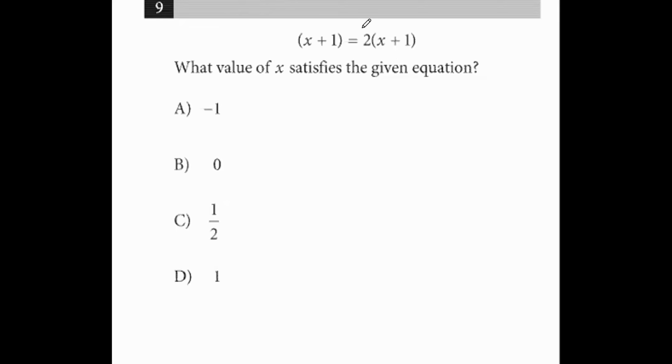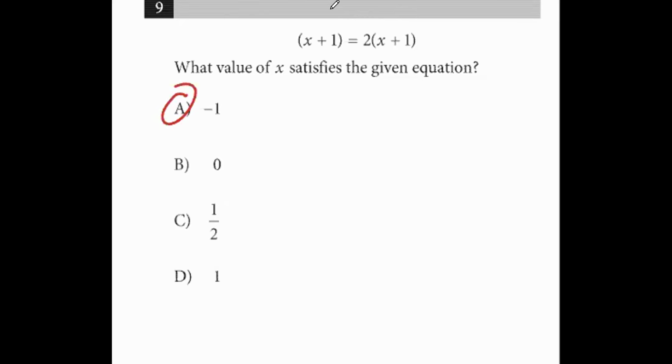So that means left side and right side has to be equal. So we can just plug in all these answers, and whichever one works is the only one that could work. So -1 plus 1 is 0 equals 2 times (-1 plus 1), which is 2 times 0, which is 0, so 0 is equal to 0 is correct. So the correct answer should be A, but we can just try the others.